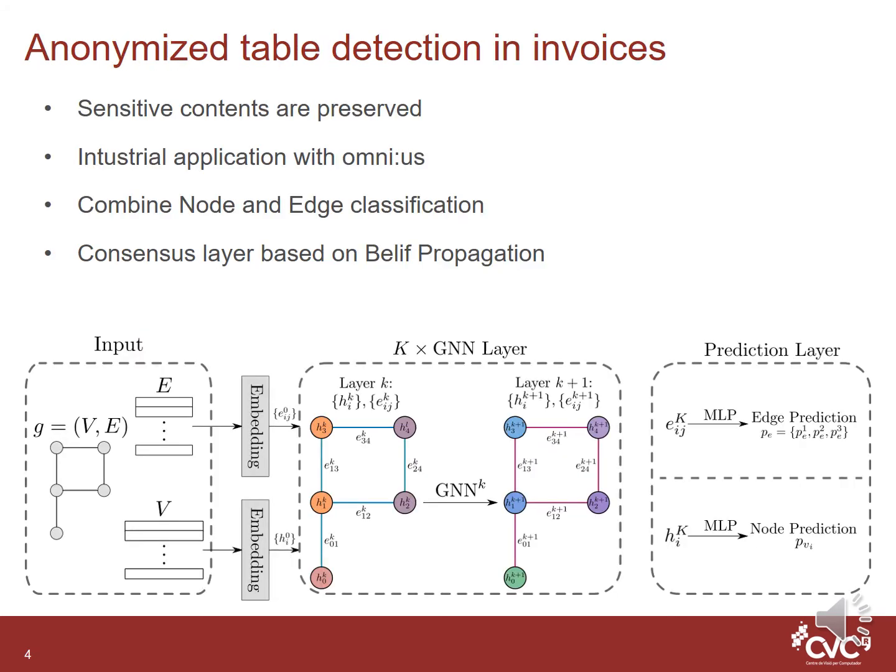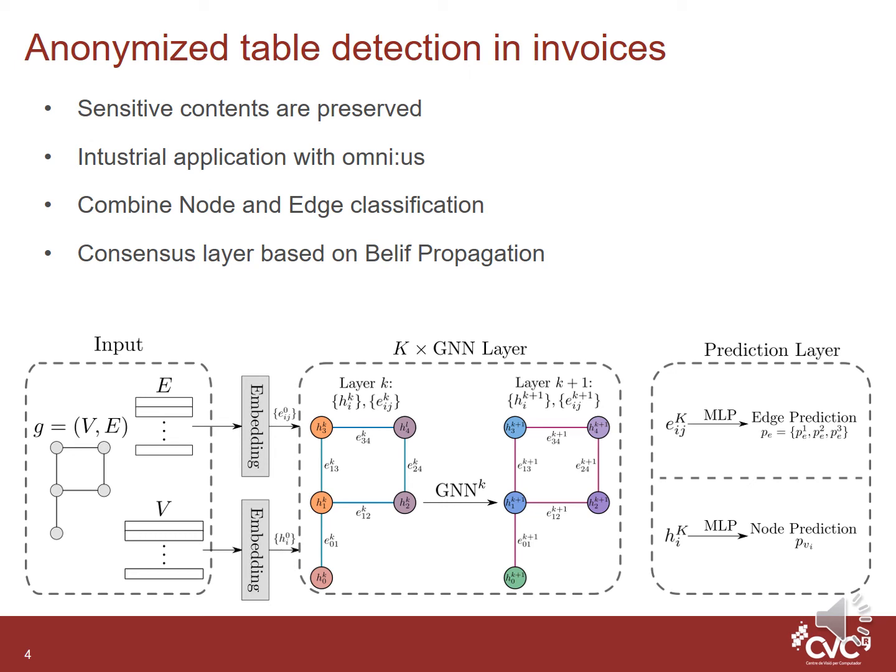The second work that I'm going to talk about is anonymized table detection in invoice documents. Administrative documents are a really hot topic in document image analysis, and I would say in computer vision, even though it is more done in companies rather than in conferences.